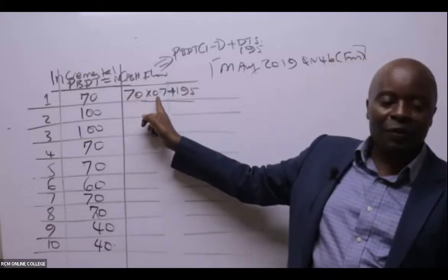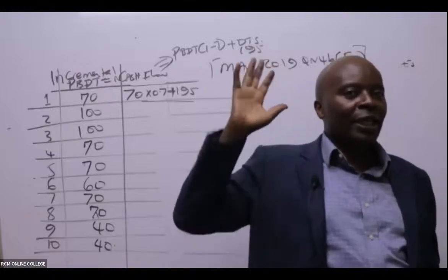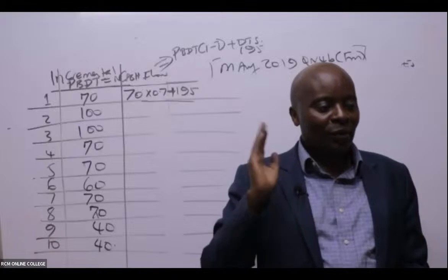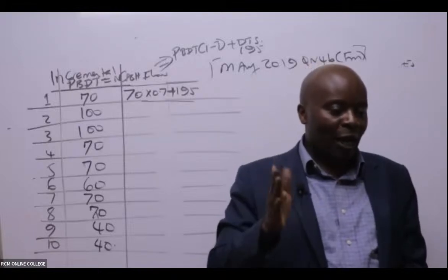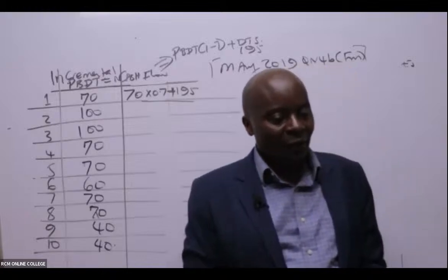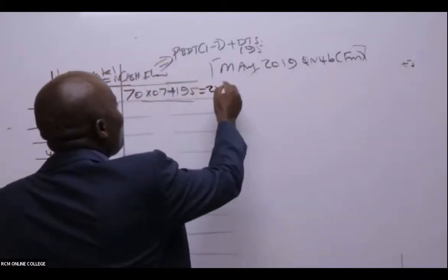Remember, this 0.7 is 1 minus tax, and tax is 0.3. So it equals 70 times 0.7 plus 195. EK is giving me a figure of 244.